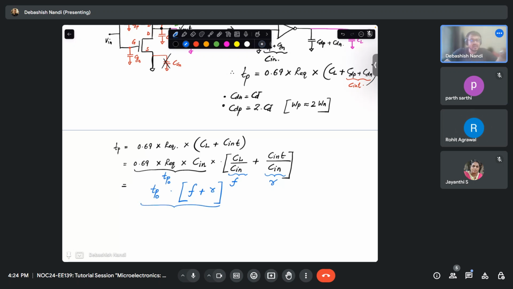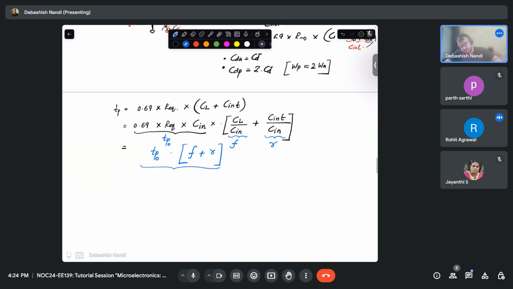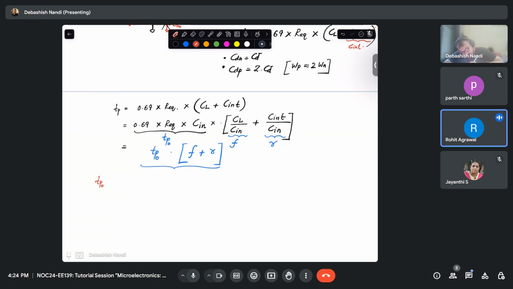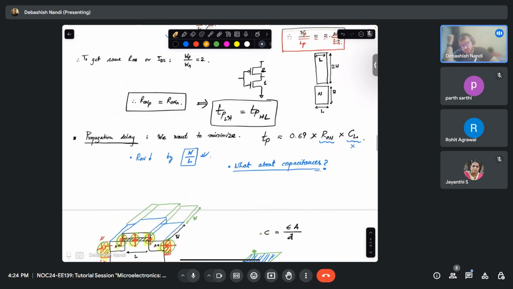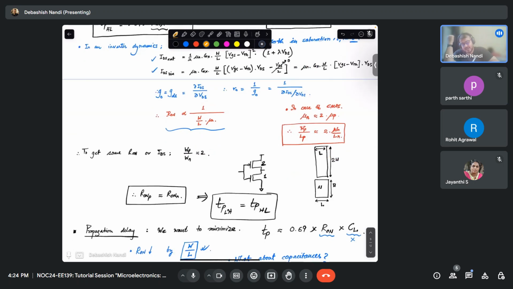Now the question is, intrinsic delay of the device, this TP0, is this width dependent? No, sir. Why? Because there is no W term in the equation. Your R is proportional to 1 over W, right? Let us take L constant.